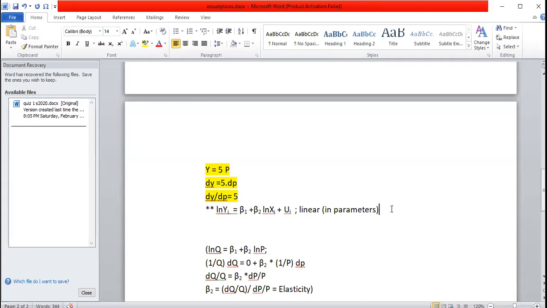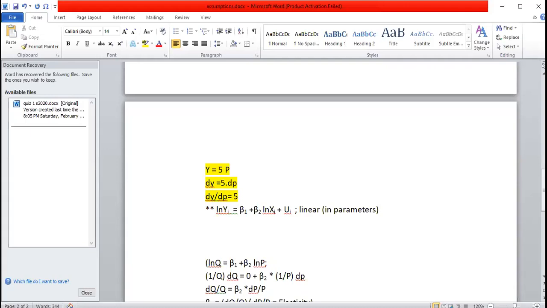What is y? Output, quantity of rice produced, yield of rice. Then how do we interpret beta 2? You have to tell this.